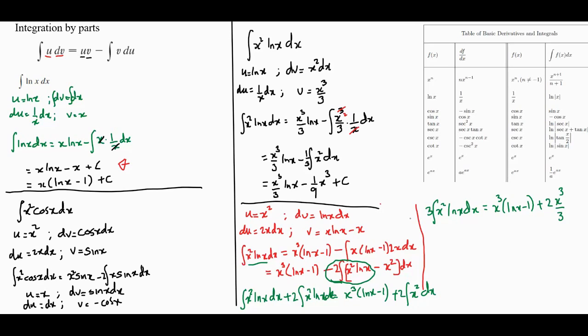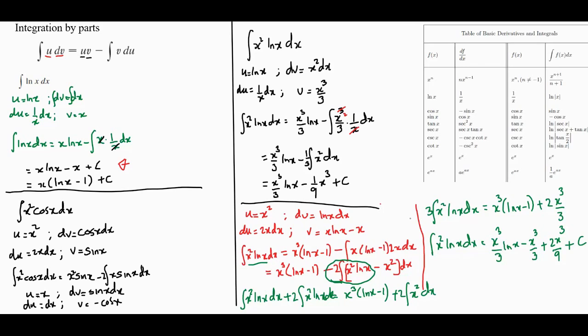And now what we'll do is we'll bring the 3 across, so that means we'll end up with the integral of x squared ln x dx finally as 1/3 of this. So it's going to be x cubed over 3 ln x. So I'm going to write it in the same way: x cubed over 3 ln x minus x cubed over 3 plus 2x cubed over 9, and then we'll add the constant right at the end.